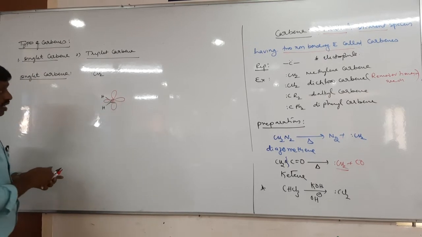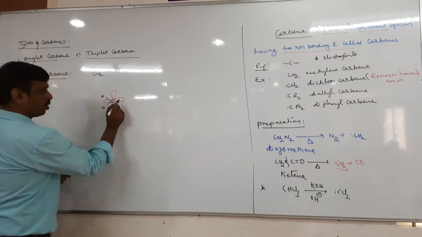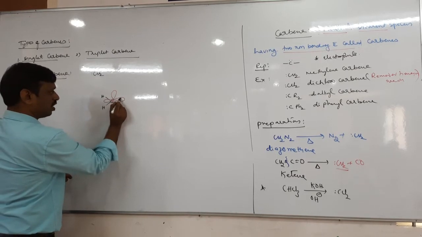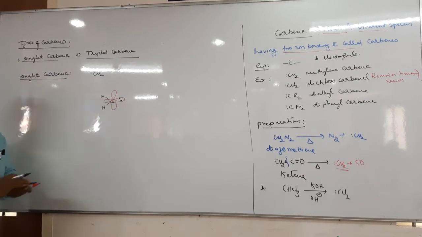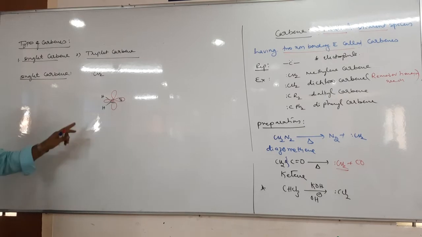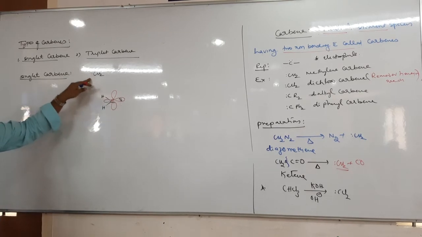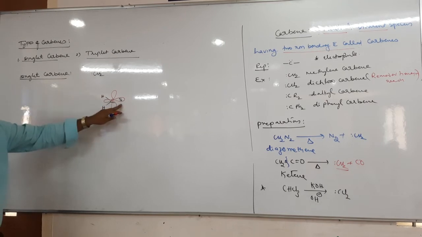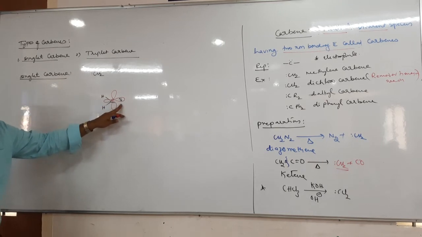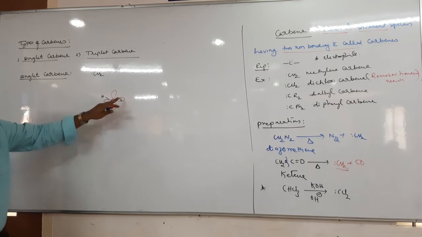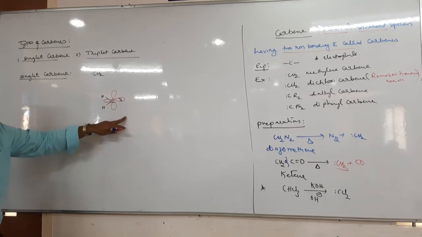In singlet carbene, the two non-bonding electrons are present in one orbital and they are paired. Of course, all carbenes have two non-bonding electrons, but in this carbene the two non-bonding electrons are present in the same orbital and they are paired.